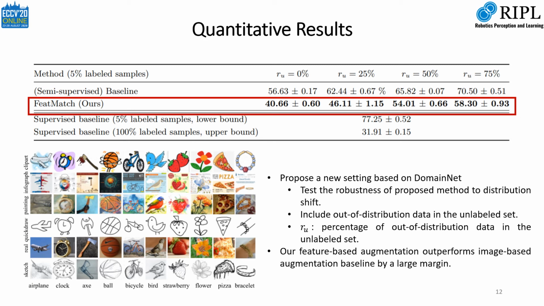In this setting, we include out-of-distribution data in the unlabeled set, where RU represents the percentage of out-of-distribution data in the unlabeled set. As shown in the table, our feature-based augmentation method outperforms the image-based augmentation baseline by a large margin. This means that our feature-based augmentation method can better leverage unlabeled data when there is distribution shift.